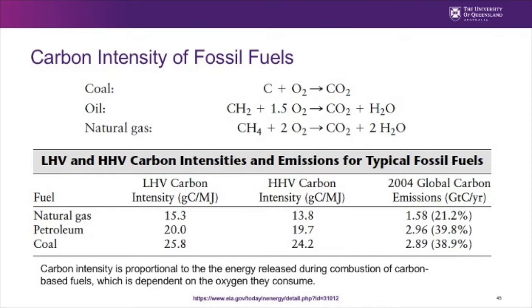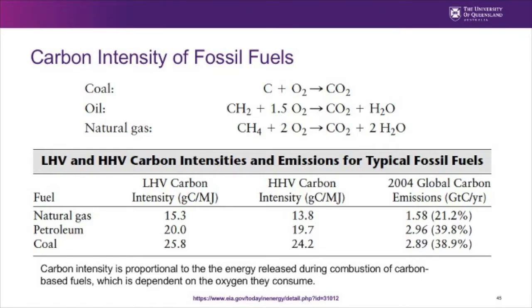Because this one is not actually available for energy. So when we have these numbers, we can estimate the carbon intensities of the fuels. And here we have a table that shows some of the estimated values.